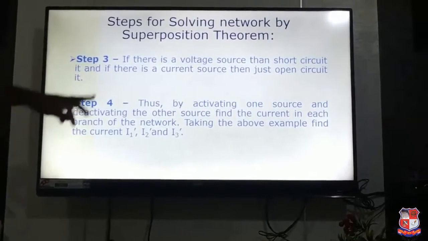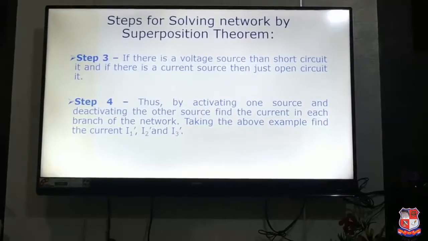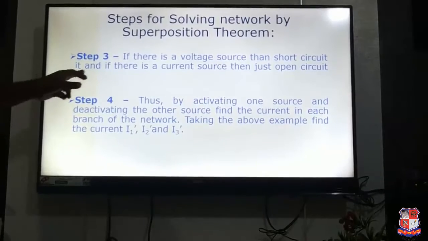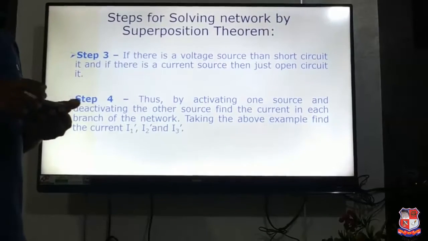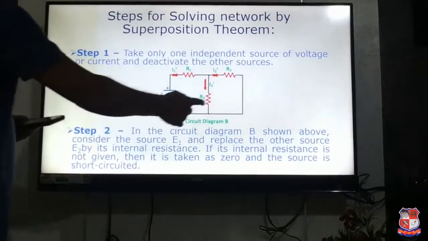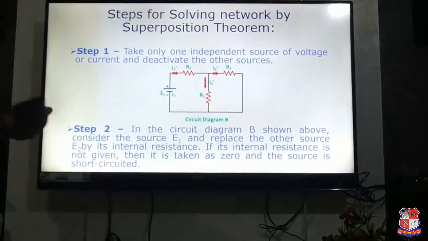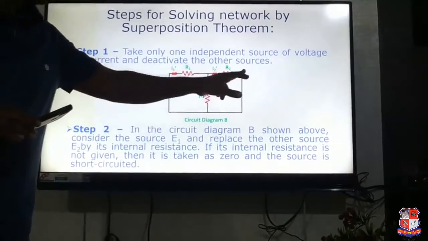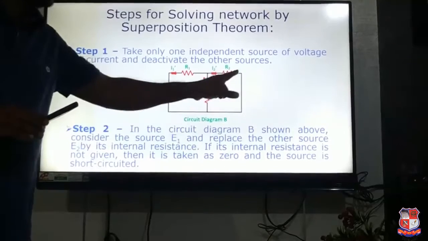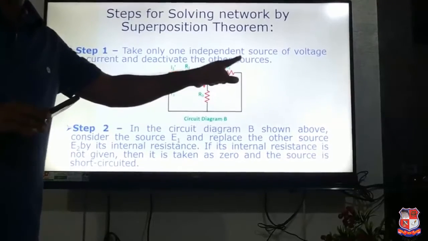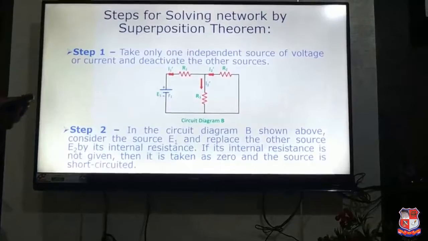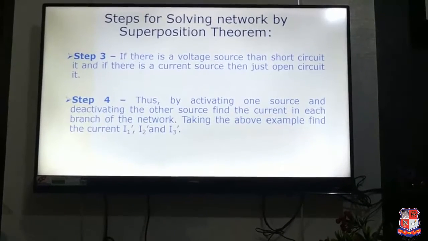Okay, step 3. If there is a voltage source, then short circuit it, and if there is a current source, then just open circuit. So in this circuit, we are replacing the E2 source, but here it is a voltage source, so we are short circuiting it, but if it is a current source, then we have to keep it open circuited. Okay, that you have to keep in mind.